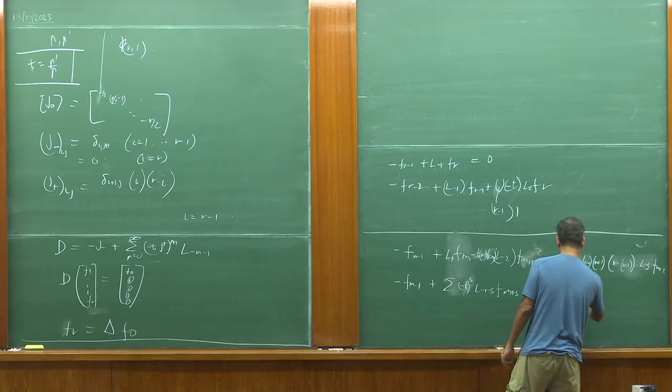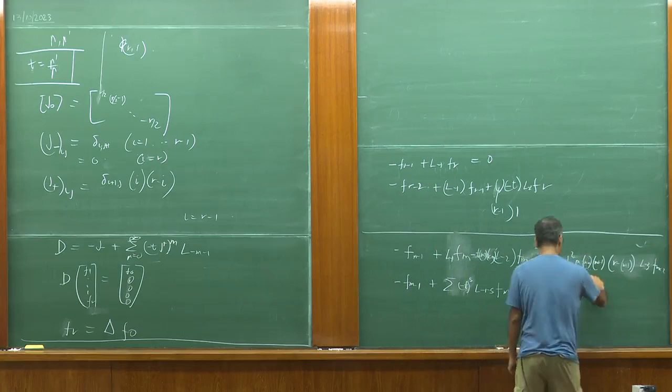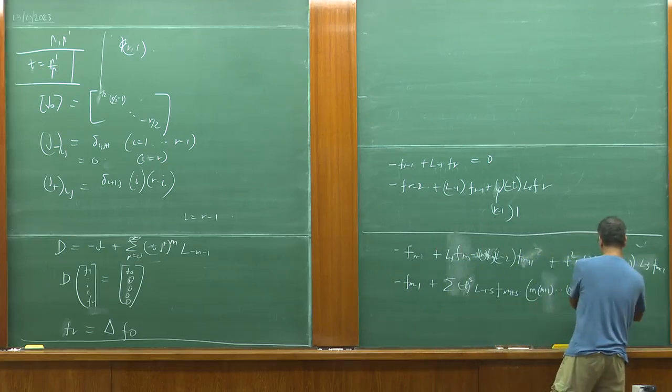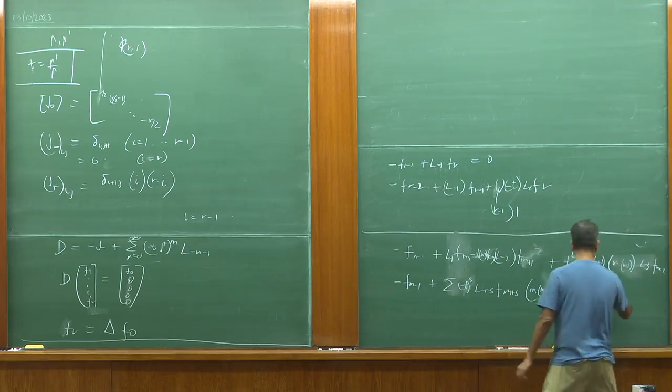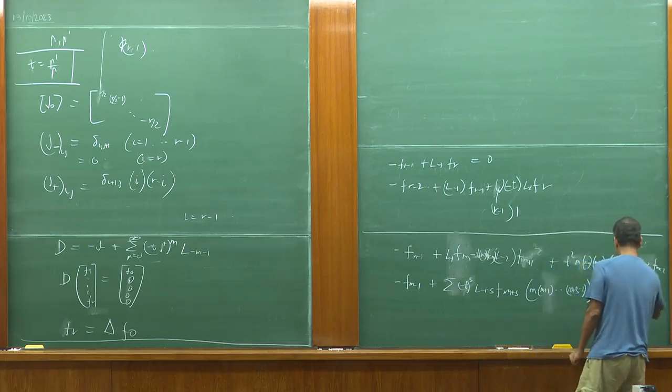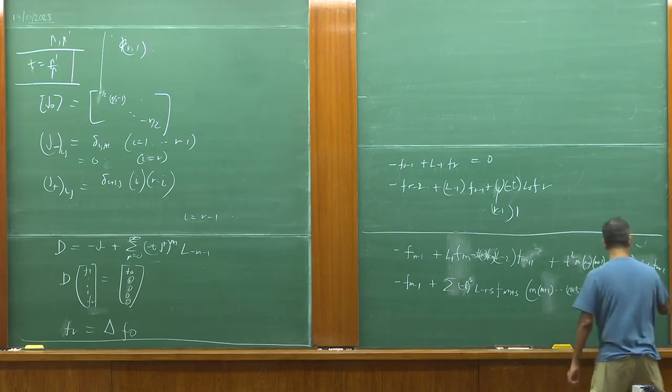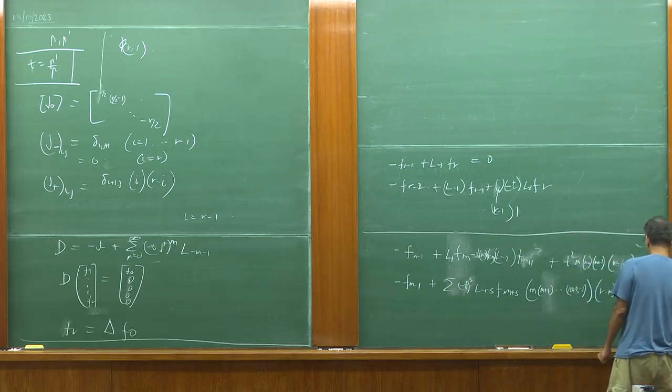M plus s minus 1. And then we also get r minus m into r minus m plus 1 into r minus m plus s minus 1.